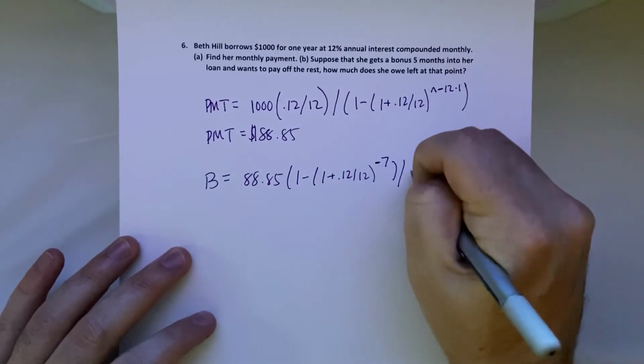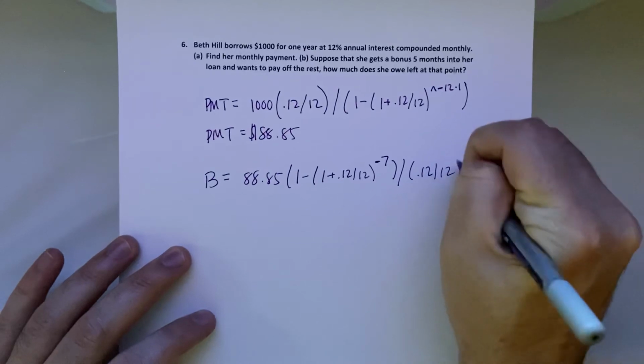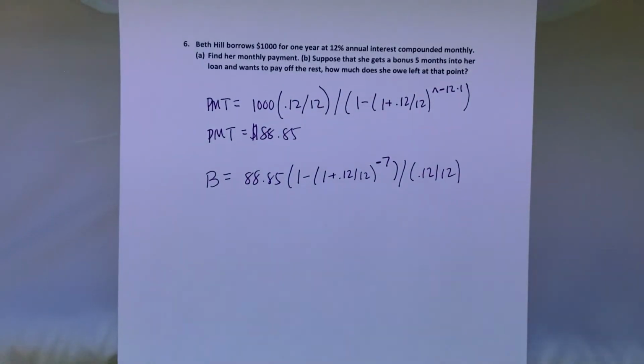Divided by our 0.12 over 12. So we put that in, 88.85, 1 minus 1 plus 0.12 over 12 to the negative 7 over 0.12 over 12.